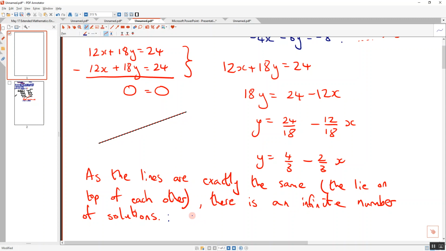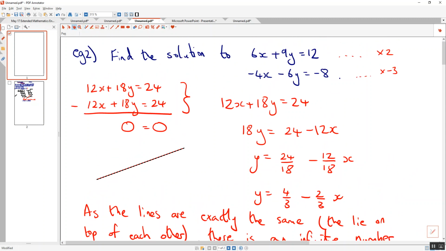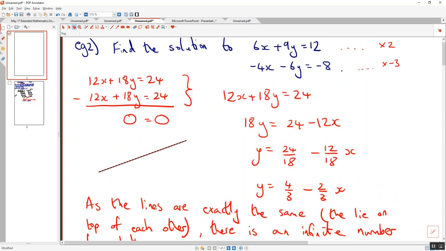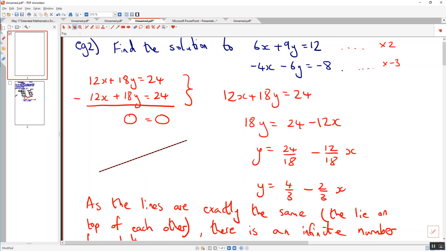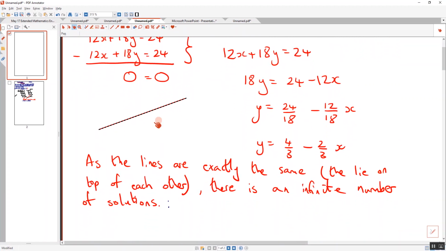Can you give me any equation of the line in different forms? So all the solutions lie on this line. So the solutions are the line.